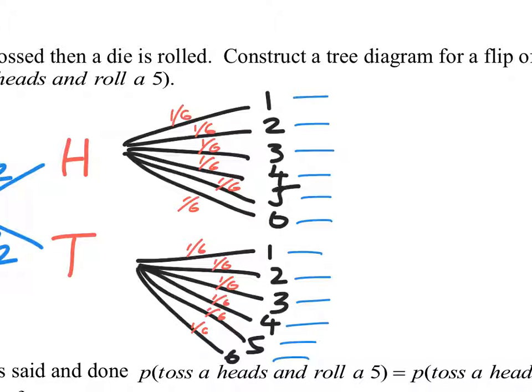Multiple events means multiplication, because I want the 1/2 to occur first and then the 1 in 6. So I'd be looking at a product of 1 out of 12. And because this is a uniform distribution, 1/12 all the way through.